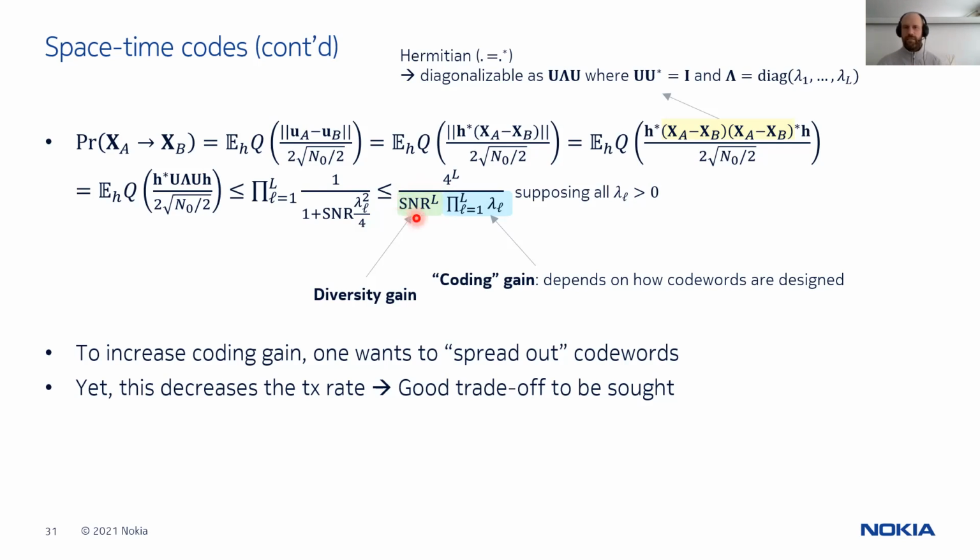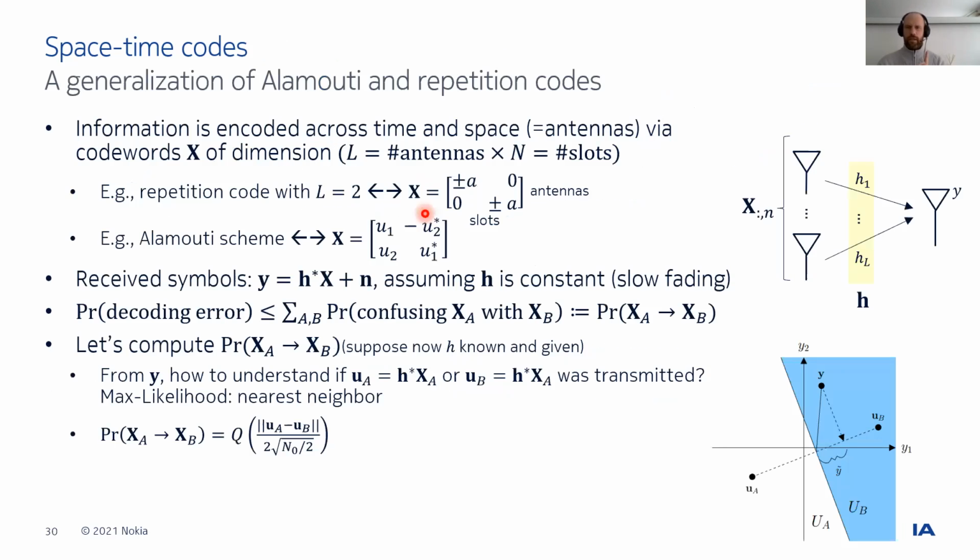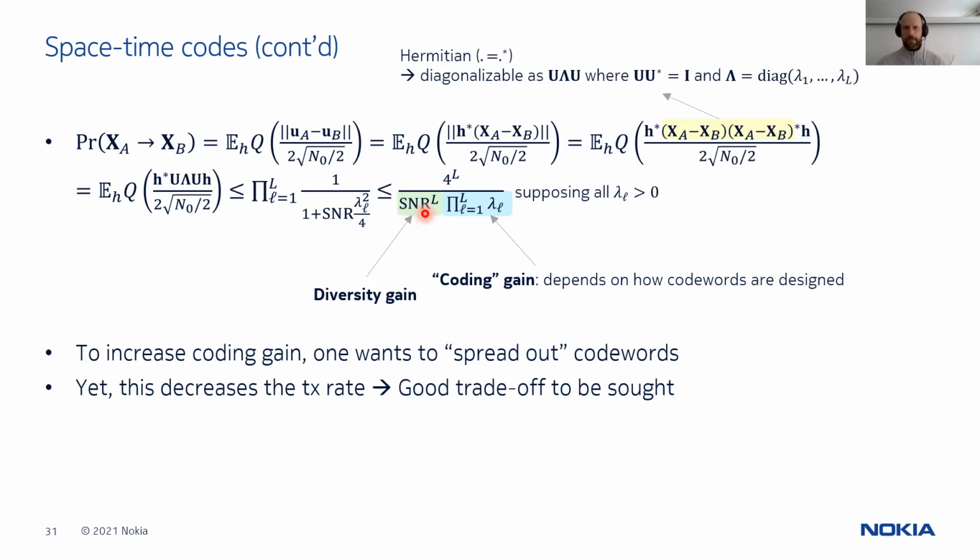So L is the number of antennas that provides diversity. Okay, this we already saw before.